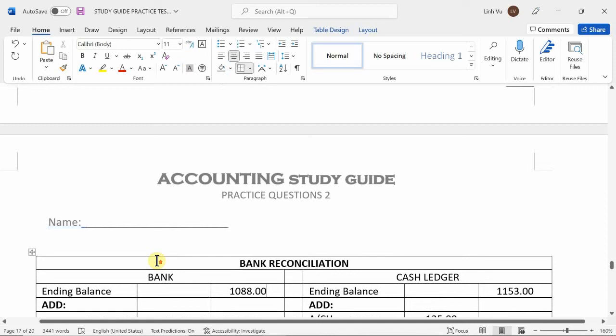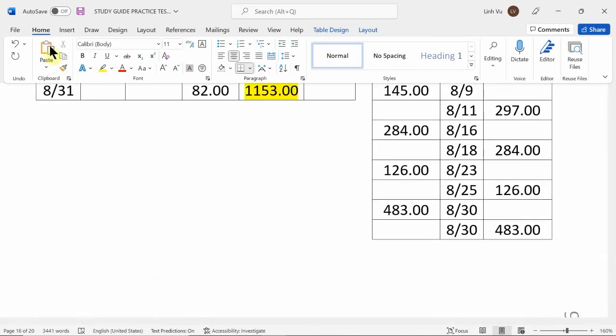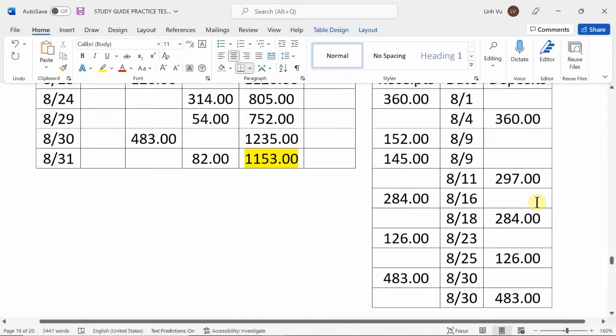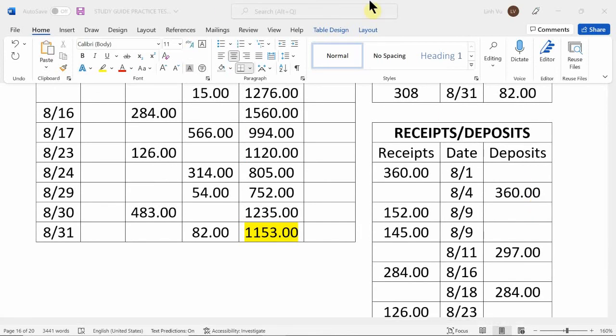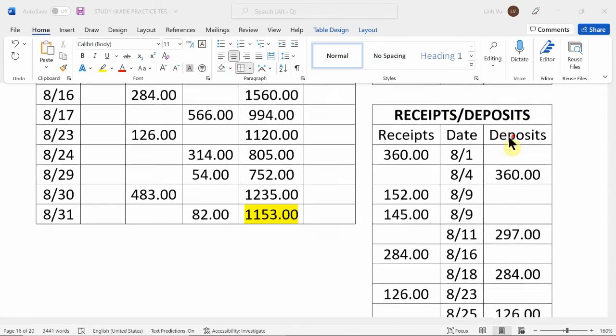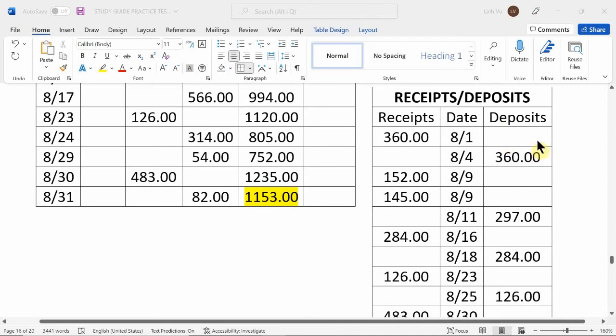Deposits in transit. So here, let's take a look at my receipts and deposits, right? How many deposits have I recorded?